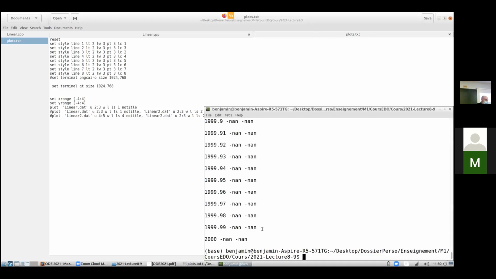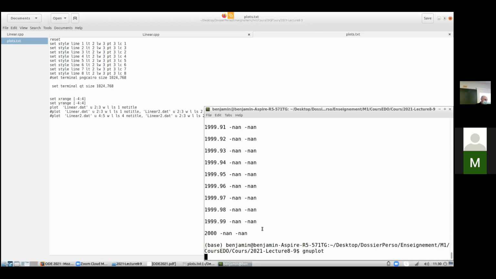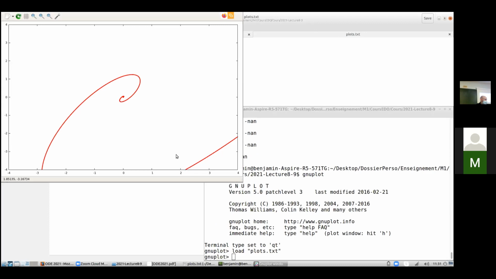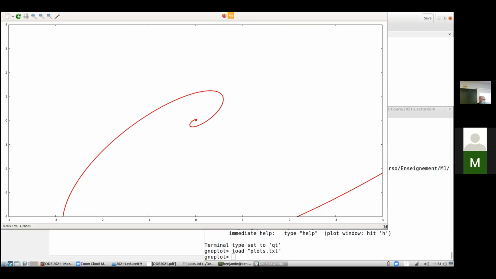All right, so now we are going to have a look at the solutions. This is the solution.